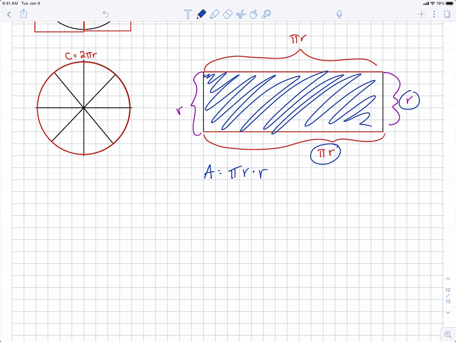Let's simplify this a little bit. Well, I know that r times r is just r squared. So the formula that we use to find the area of a circle is pi times the radius squared. And there you have it, folks. This is the trusty, nifty formula we're going to add to our toolbox and use to help us on our practice.